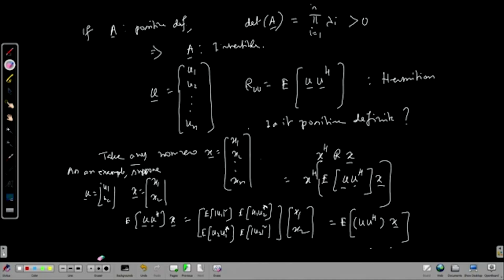I need some space to write, there is a problem. So, this is a matrix times x, a column vector. Entries are not random, all right.